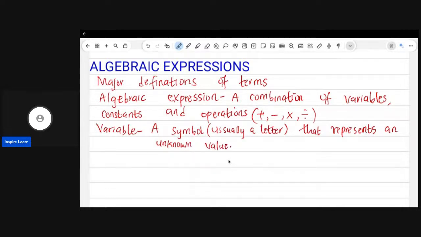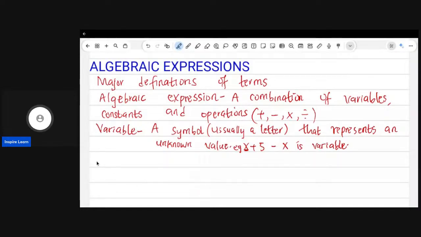When you talk about a variable, for example, if we have this algebraic expression, x plus 5, whatever you don't know the value of, we say that x is a variable.